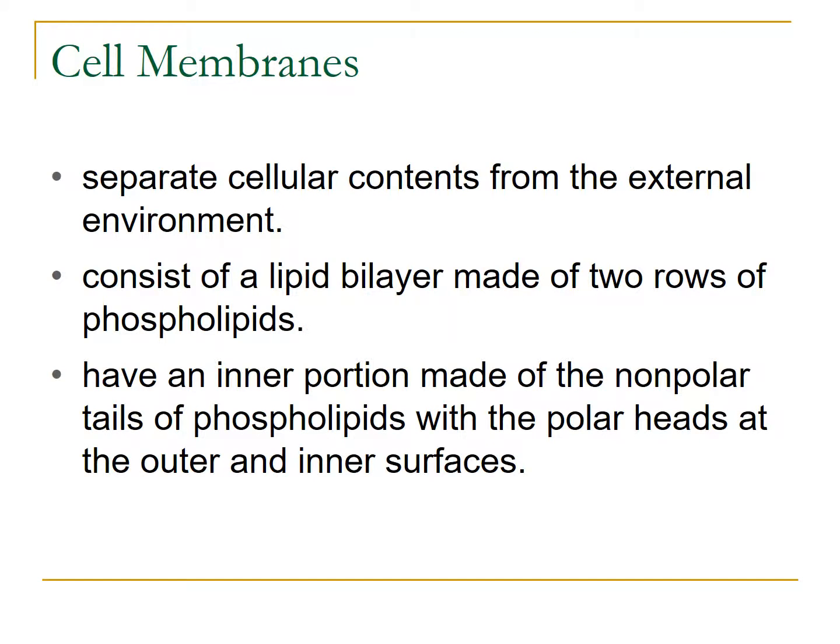And what they're going to do is have the polar head facing outward into the external environment, because outside of your body's cells is a watery environment. The interstitial fluids between the cells is water-based.